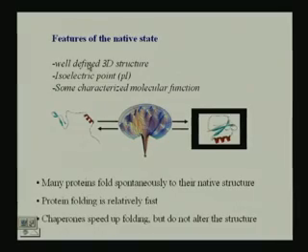So, the features of the native state say that there is a well-defined 3D structure and there is a characterized molecular function with this, and the idea would be to get from an unfolded structure, a total amino acid sequence, to the folded structure.